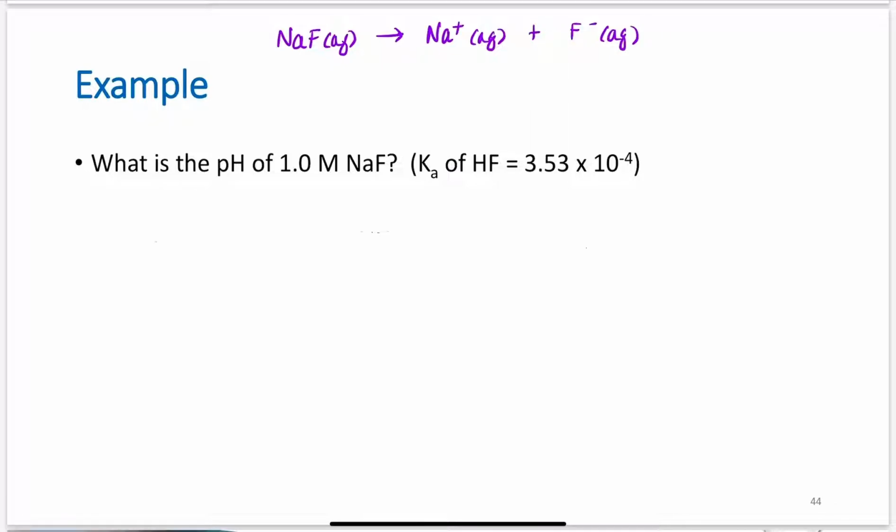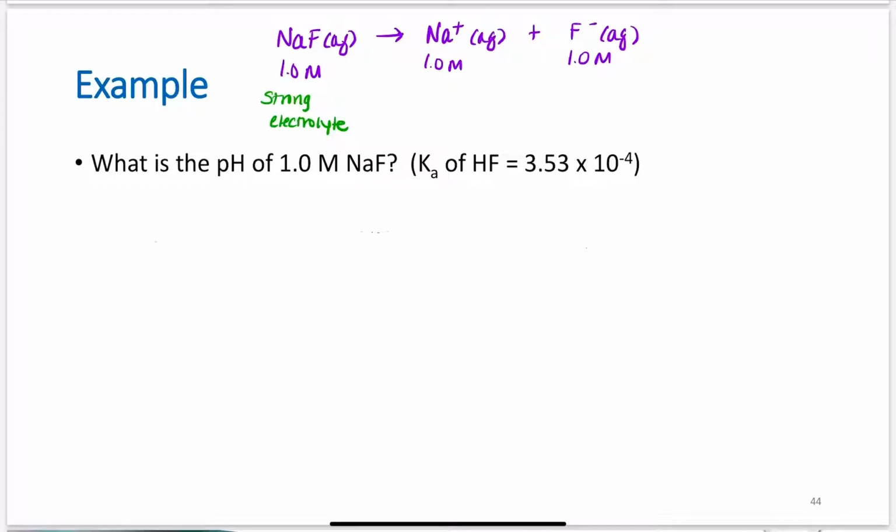I then look at my two pieces and say, okay, it told me I started with a 1 molar sodium fluoride solution, which means that I have 1 molar sodium ions floating around and 1 molar fluoride ions floating around. This is a strong electrolyte, so it's split apart entirely. And that's how I know I have 1 molar sodium ions, 1 molar fluoride ions.